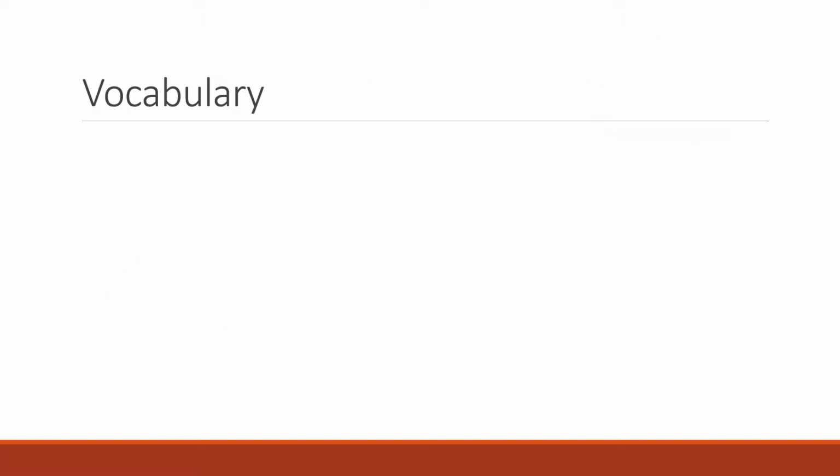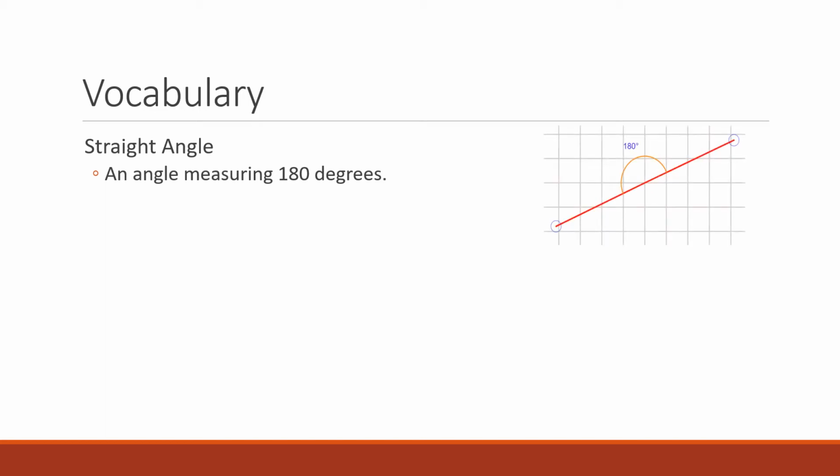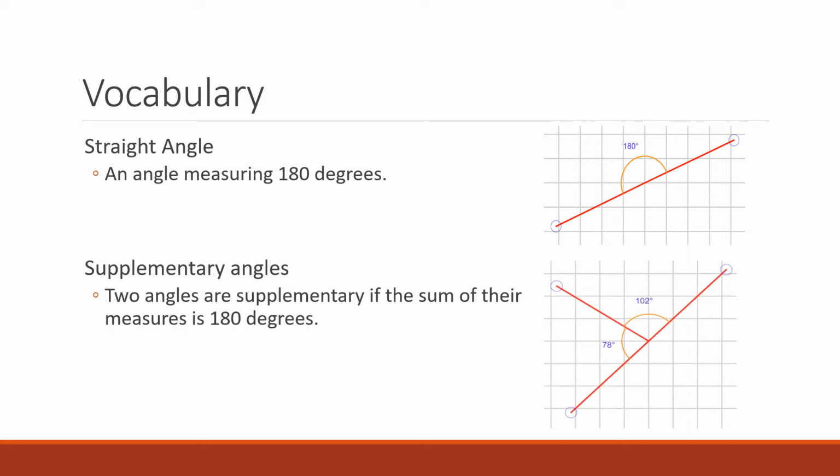So let us set up some vocabulary. A straight angle is an angle that measures 180 degrees, just like what we talked about last time. Supplementary angles are two angles that add up to 180 degrees.